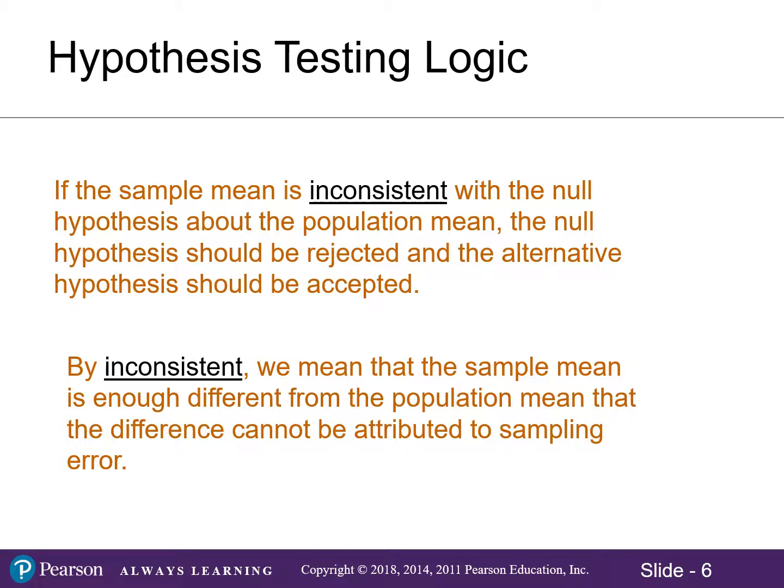If it's an unusual sample, or really far away, or something you just shouldn't get on your first sample try, then it seems to be inconsistent with the population mean, in which case we're going to reject the null hypothesis and go with the alternative. So we're going to gather sample evidence and say, does it point towards the null hypothesis or the alternative? That's what we're going to get up to.